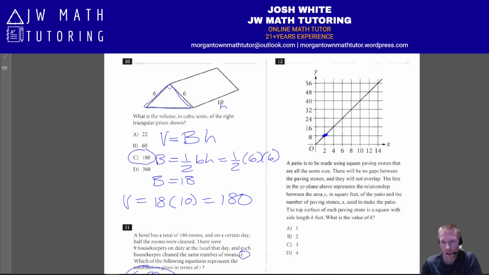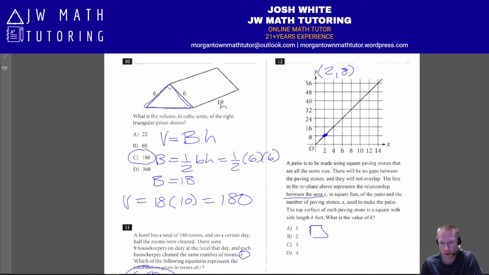Okay? And so that means my x is 2, my y is 8. So again, I'm looking at the point 2, comma 8. So that means if I have two stones, the total surface area is going to be 8 square feet, because y represents the area of the patio.